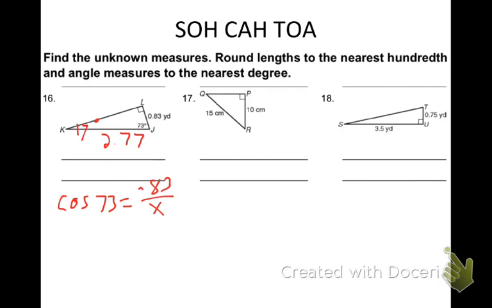Sine 73 equals x over 2.77. Nice job. And that comes out to be? 2.70. Now, depending on how you rounded some of these answers, you could always be off by a couple of decimals, and that's all right, depending on how you round.